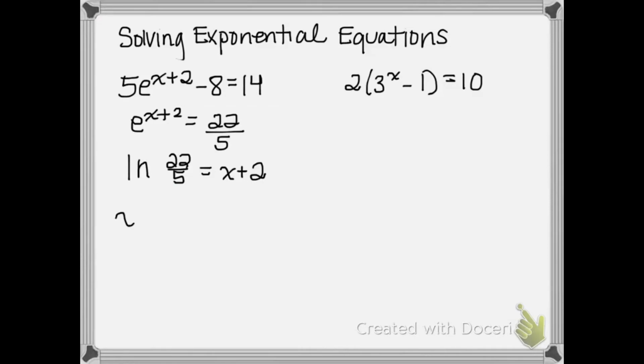And to solve for x, I simply isolate it, and I've got ln of 22 over 5 minus 2. And there's not anything that I really want to do with that as far as solving it, or as far as expressing it in a different form.